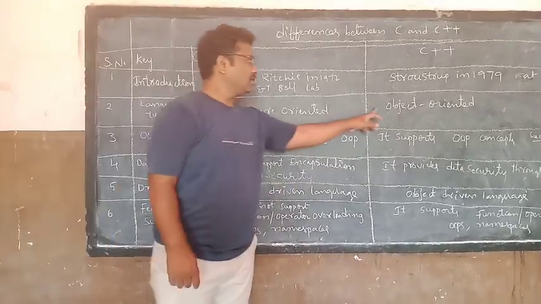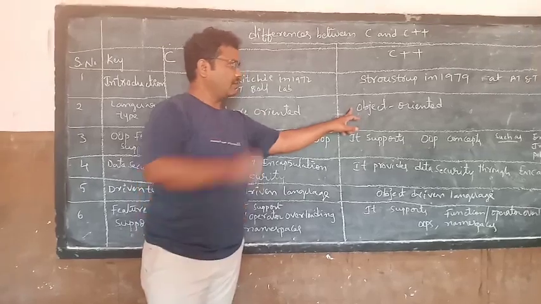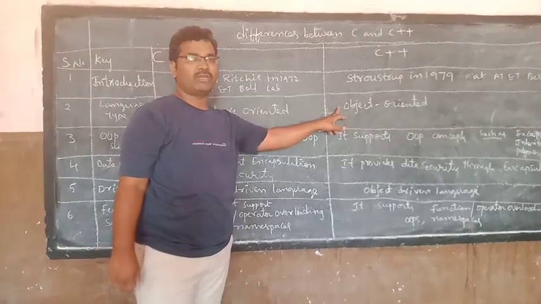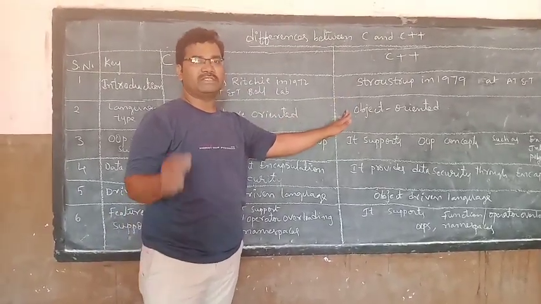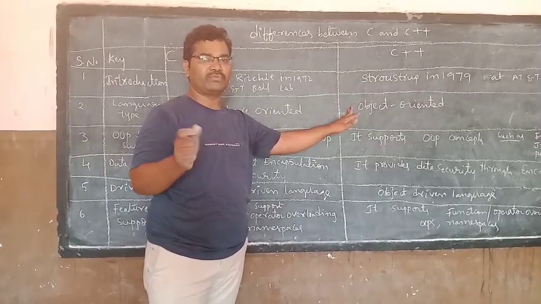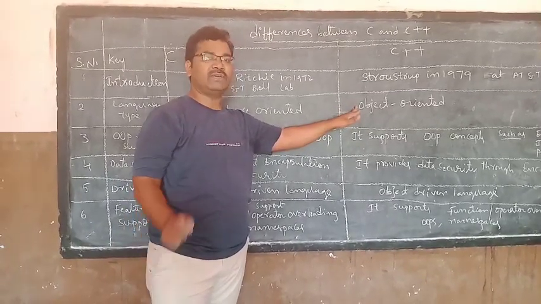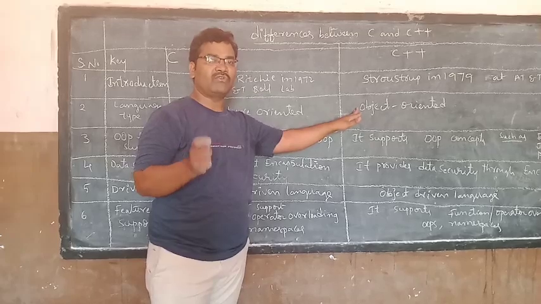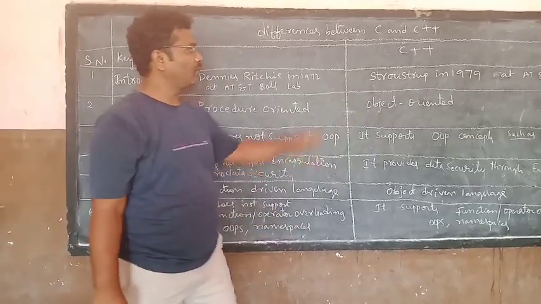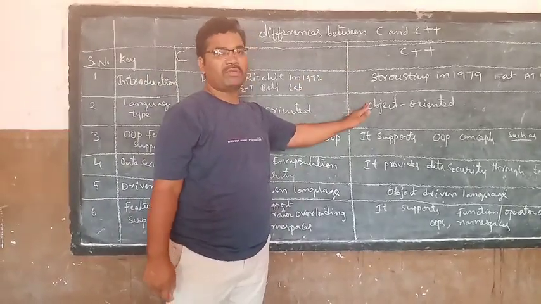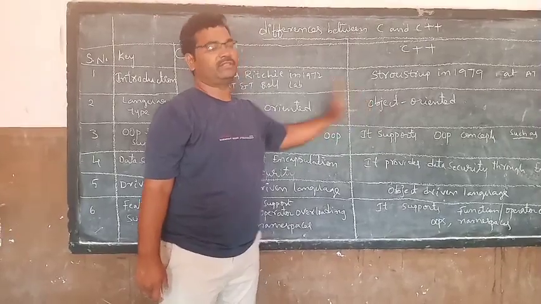In object-oriented programming, every problem is analyzed in terms of objects. Object is the basic runtime entity of OOP. So, in C++, every problem is analyzed in terms of objects.